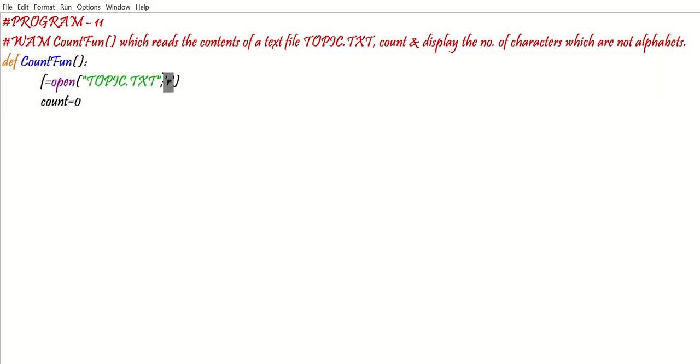And read mode means even if you don't mention this, it is fine. Just opening it, by default it is in read mode. Even if you do like this, it is correct, because by default it is in read mode. I'm doing this just so that it looks formal. Okay, count is equal to 0.